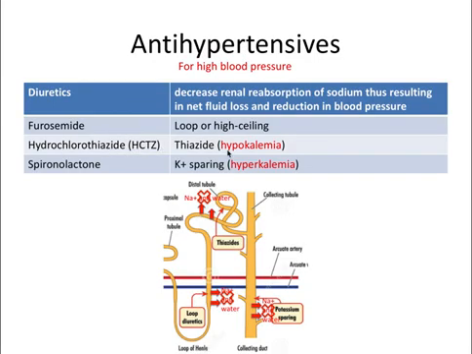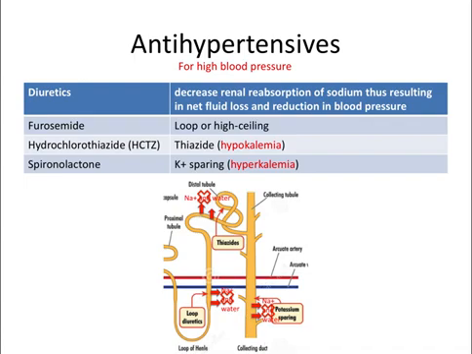Hydrochlorothiazide is a thiazide diuretic, hence the name there, and that one acts in the distal tubule of the nephron. And lastly, we have spironolactone, which is a potassium-sparing diuretic. This one acts in the collecting duct at the end of the nephron.